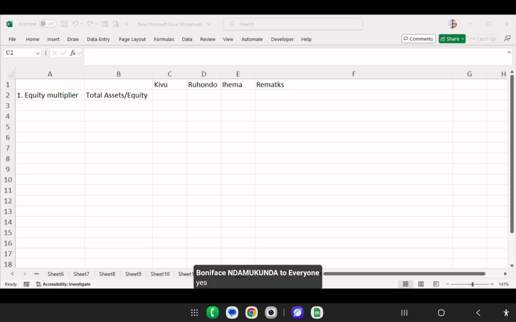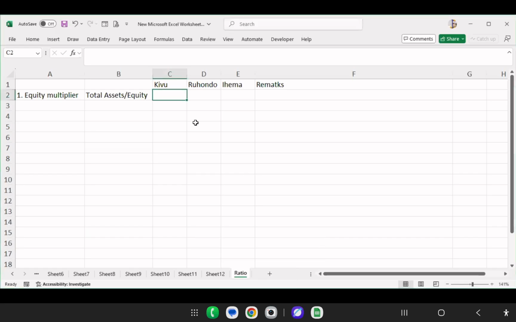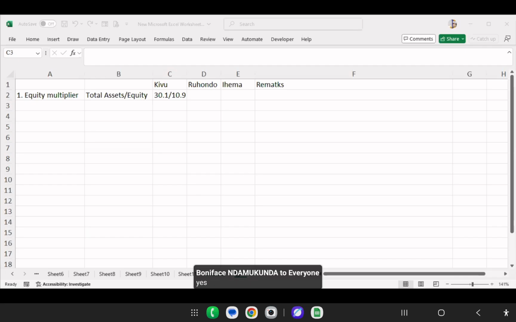Let's see, Kivu, total assets 30.1 divided by 10.9. Can you confirm, please? Let us confirm whether that is what we are given. Is that what we have? So I can assume that's correct.